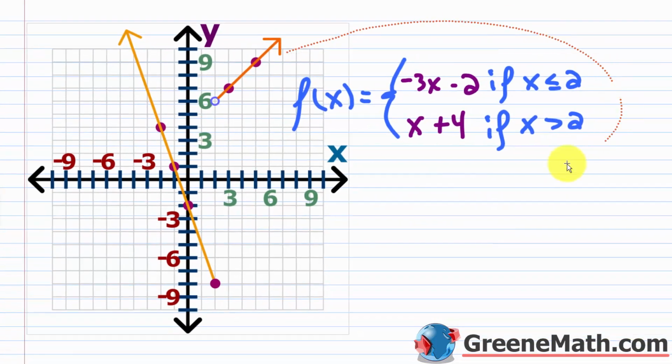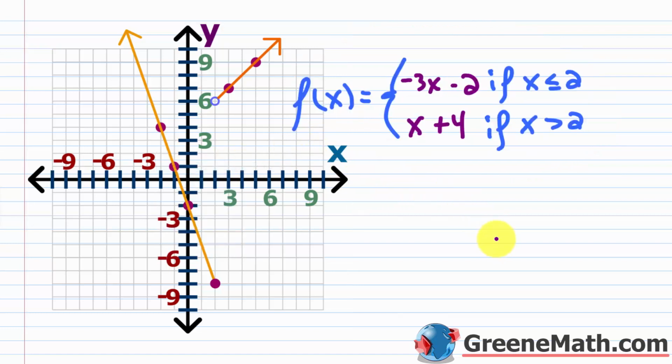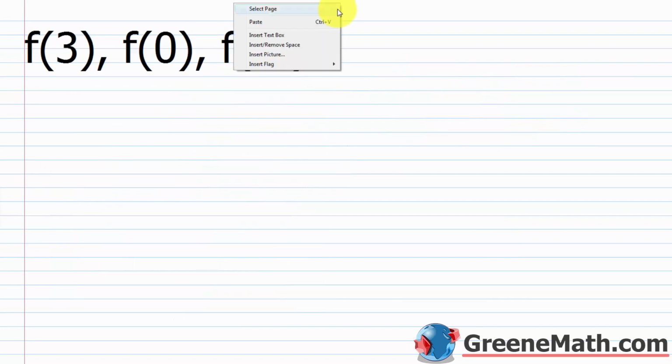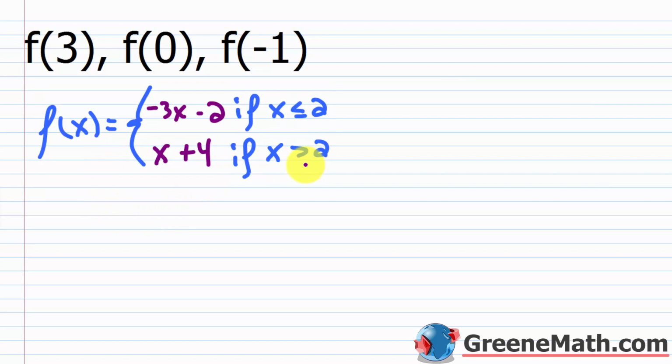Now, let's copy this real quick. And we're going to look at another task that you'll come across. And then we'll come back up and talk about the domain and range. So you might be asked to evaluate this. And so you'll have f of 3, f of 0, and f of negative 1. Essentially, what you have to do is go through and think about, where do I fall in the domain?